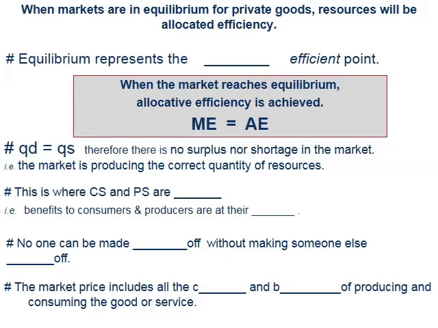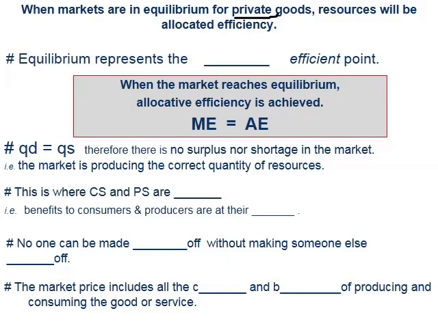Now it's time to revisit our definition of equilibrium and expand it to incorporate these new terms of consumer and producer surplus. So when markets reach equilibrium by themselves, and the goods are private goods (this term private will be explained when we get to section B), for all goods which are considered to be private goods in this part of the course, when the market reaches equilibrium, resources will be allocated efficiently.